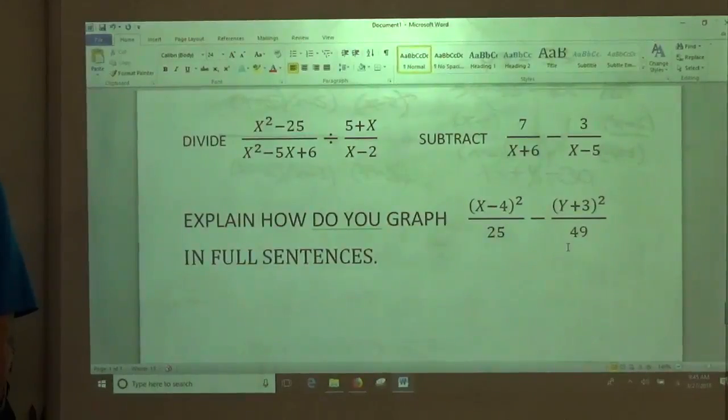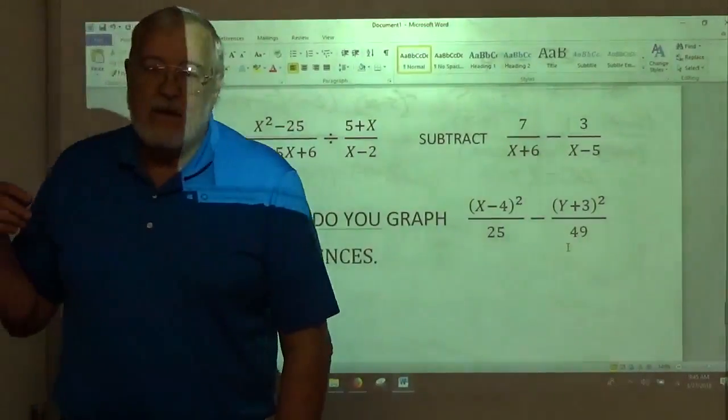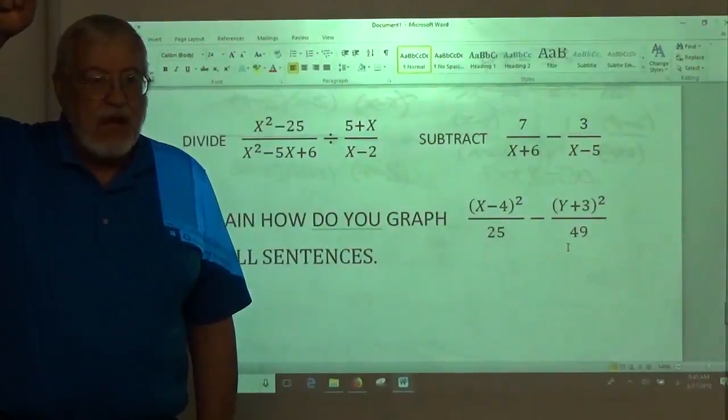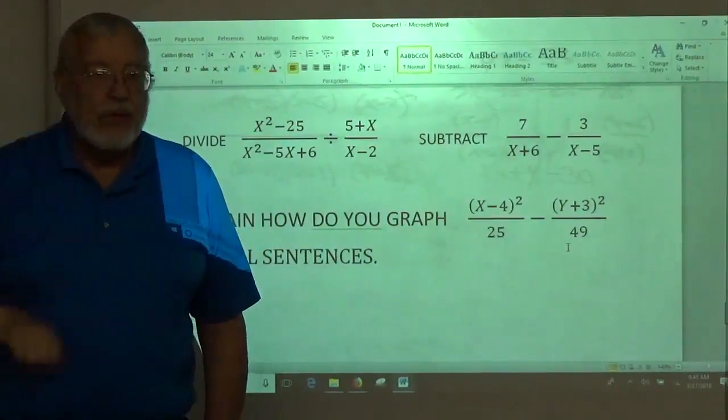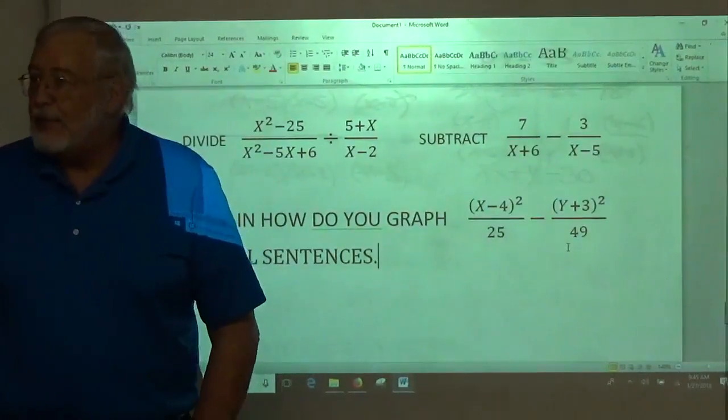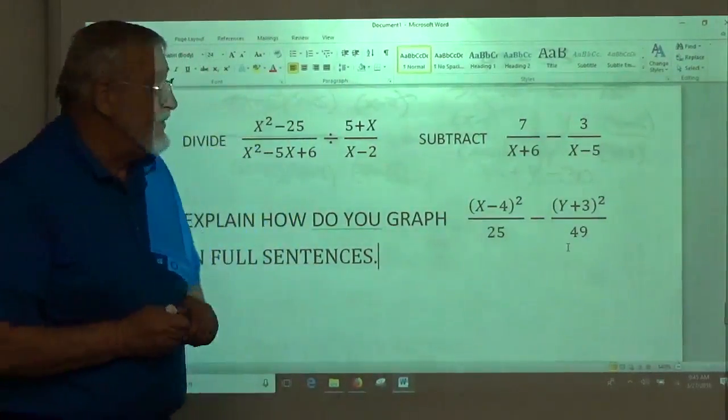Now, to draw the graph, okay, here's the thing. The graph of some constant over a binomial is a hyperbola. What does the hyperbola look like from your conic sections?